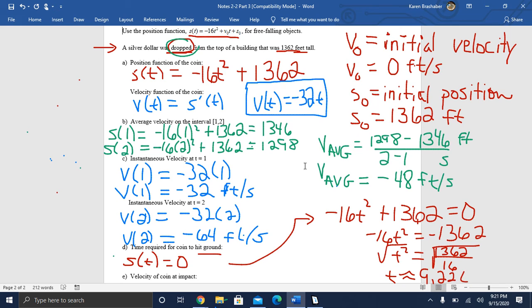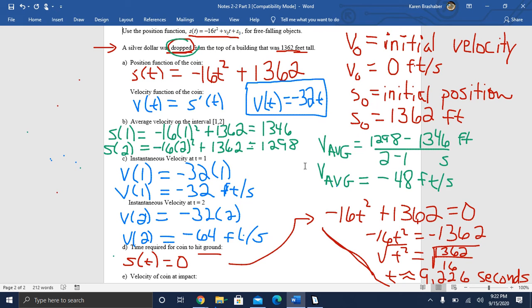If you do that on a calculator, you might want to store it or keep that value because we're going to need it in the next little section. And then finally, part E, which I had to squeeze in to make it fit on my video screen. So part D is what I've written right in here. This is all part D.